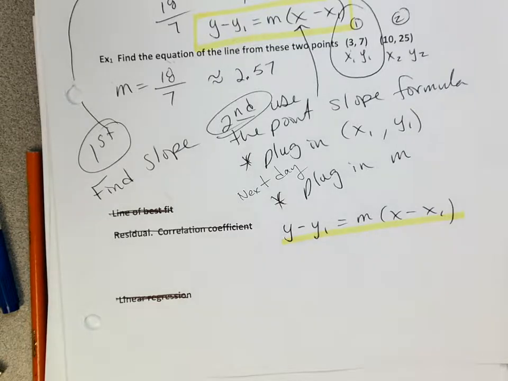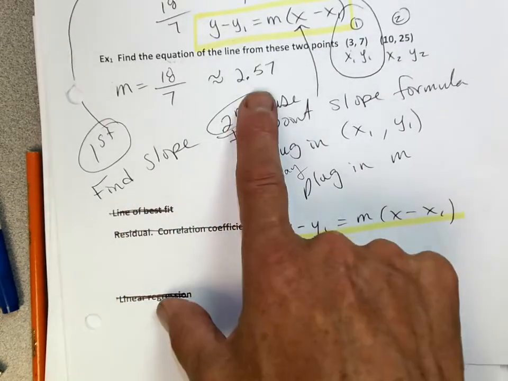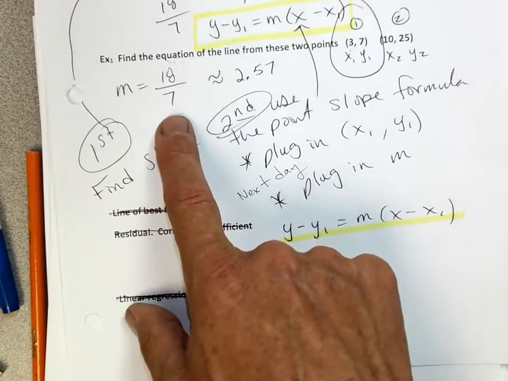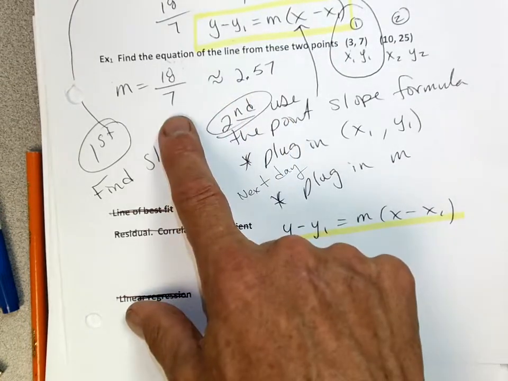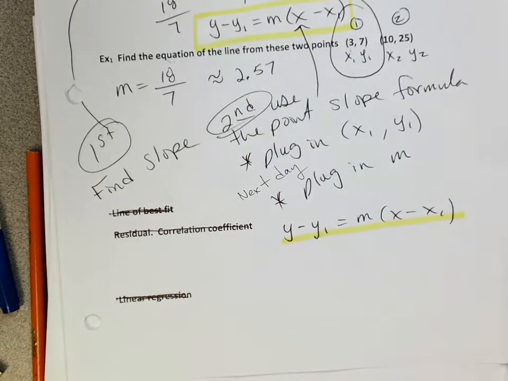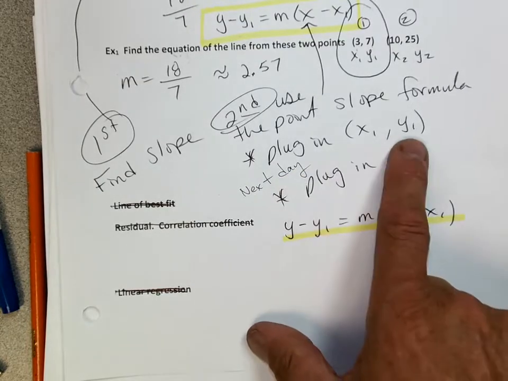This problem takes 2 steps. We've done the first step, we found the slope. We'll use the 2.57. It's easier than a fraction. You guys like that number, or do you like the fraction? Probably that number, because we're going to use a calculator. Second step, use the formula, and plug in x1, y1, and plug in m.